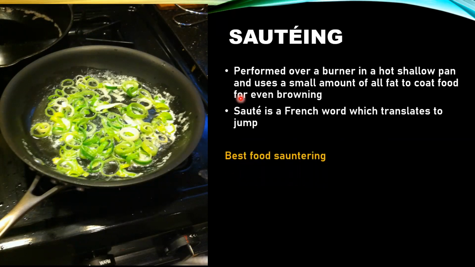The best foods for sautéing are meat, poultry, and vegetables. So we have tackled the dry heat methods of cooking, and we are moving next to the moist heat methods of cooking.